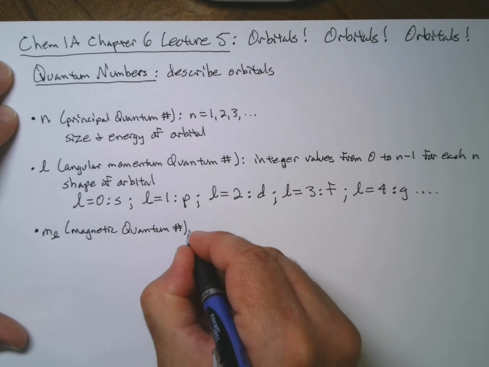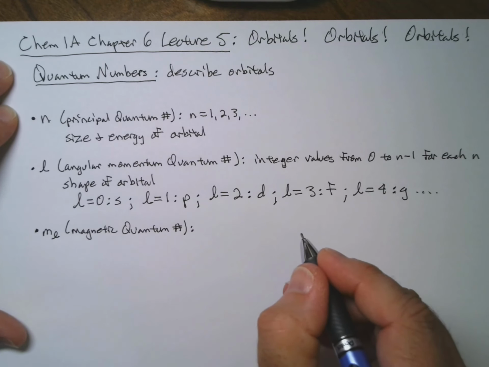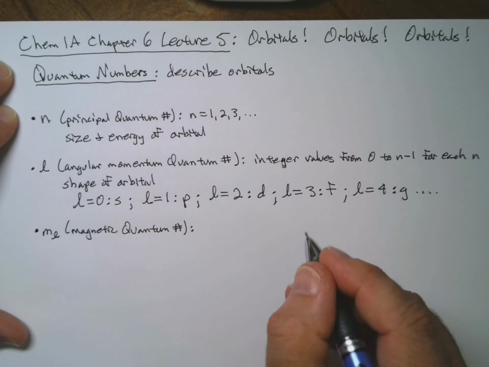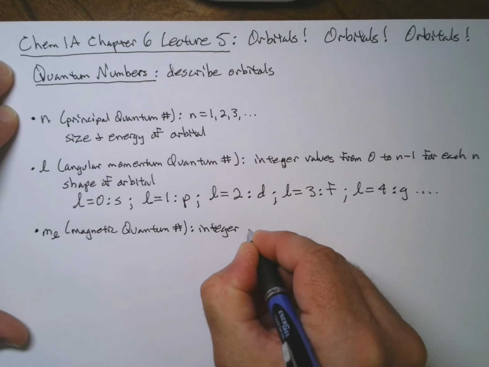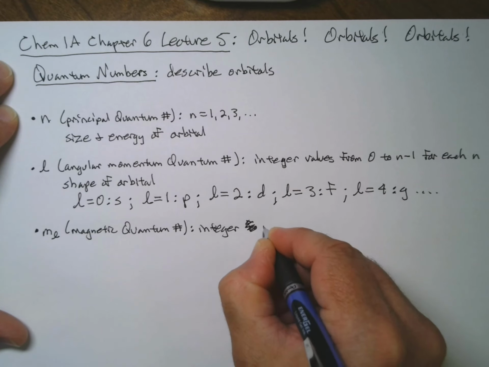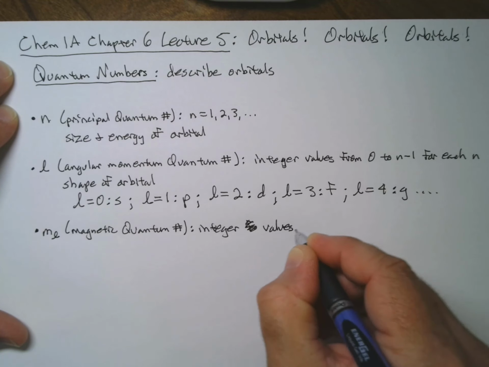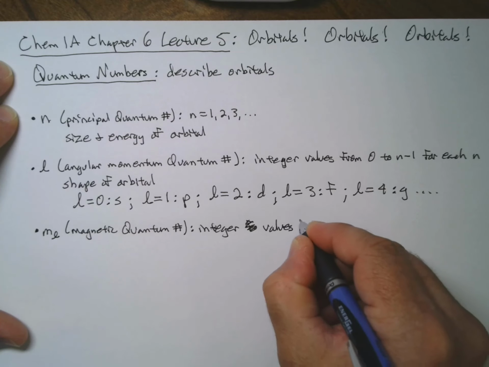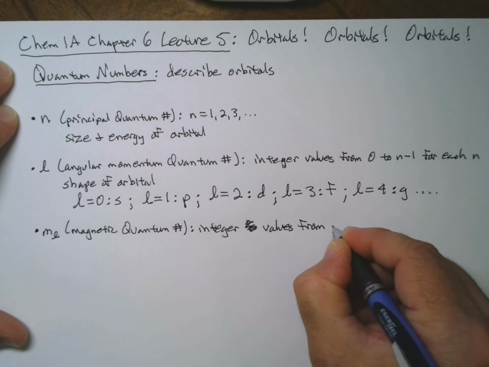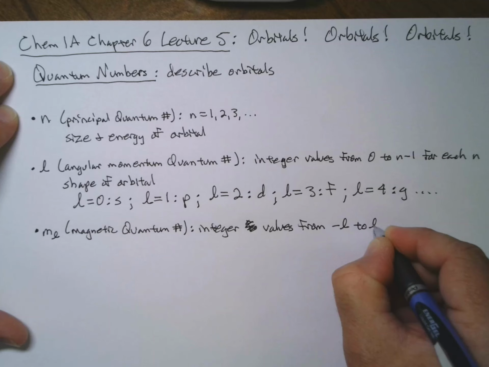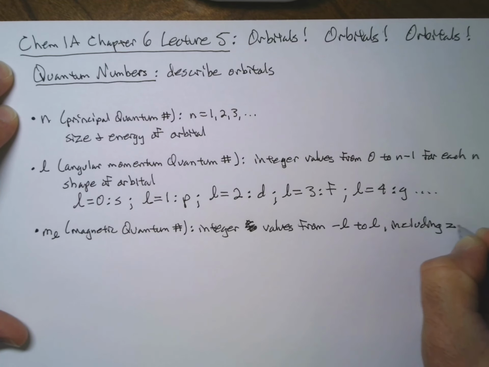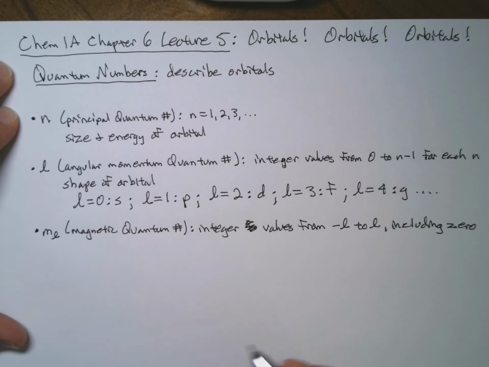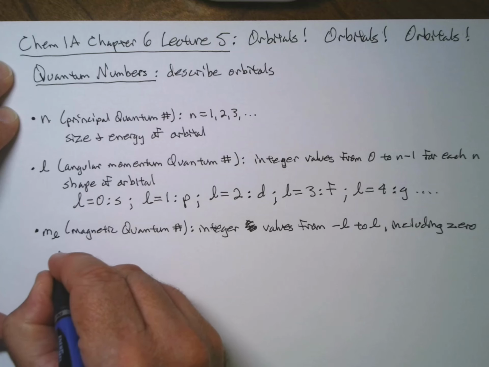And this has integer values between L and minus L, including 0. Minus L to L, including 0. And this is related to the orientation of the orbital in space.